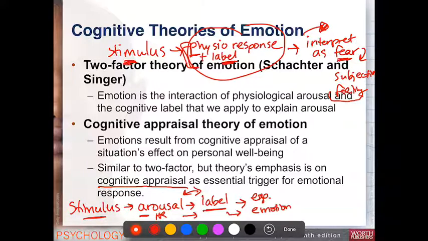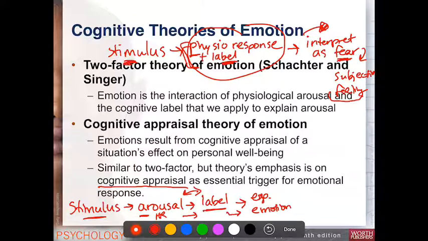What's important to also note here is that the physiological arousal for a lot of emotions is actually very similar. And so how is it that we're able to appraise the situation and place a label on it that is appropriate for the situation, for the stimulus?